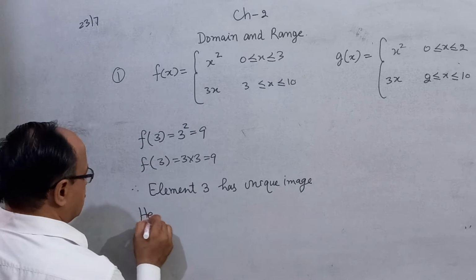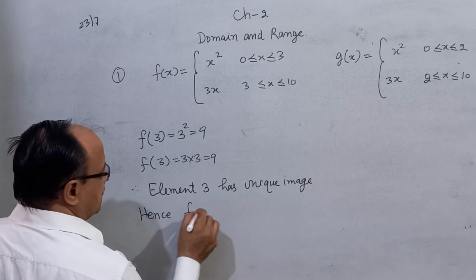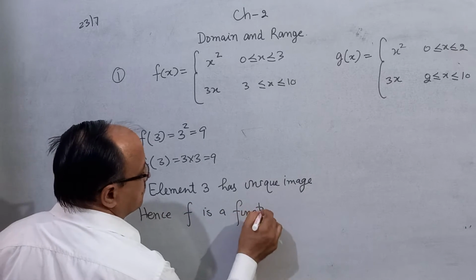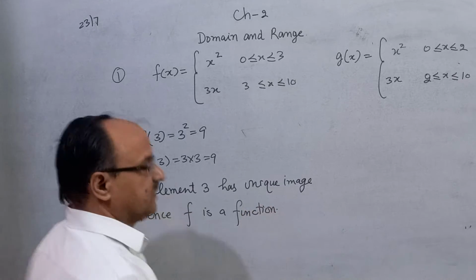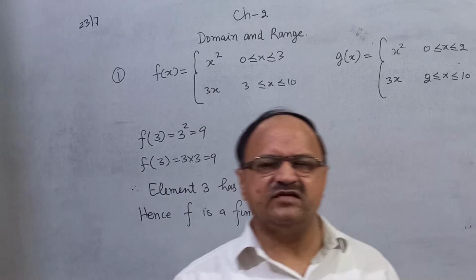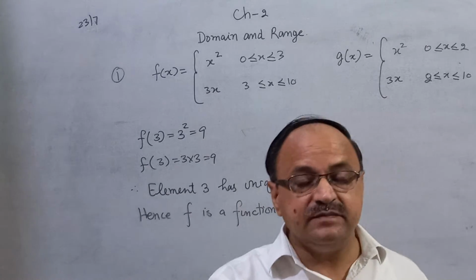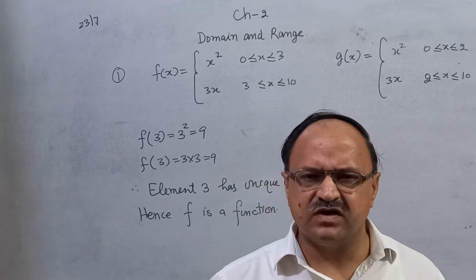Hence, f is a function. Clear? Function, you know very well, means every element of the domain has a unique image in the codomain. That is called a function.